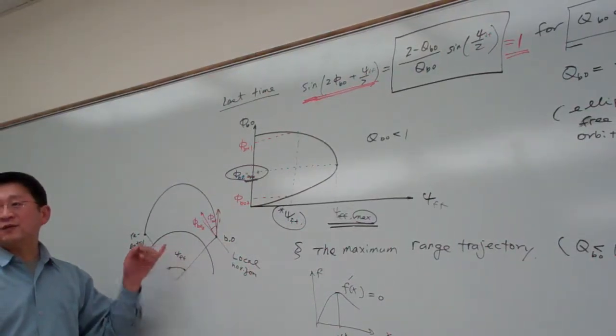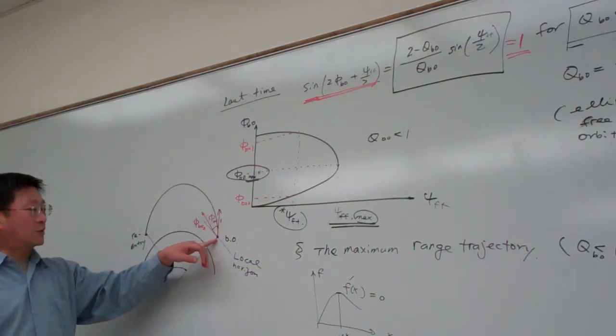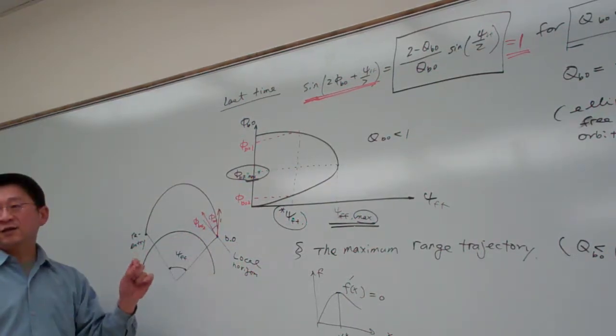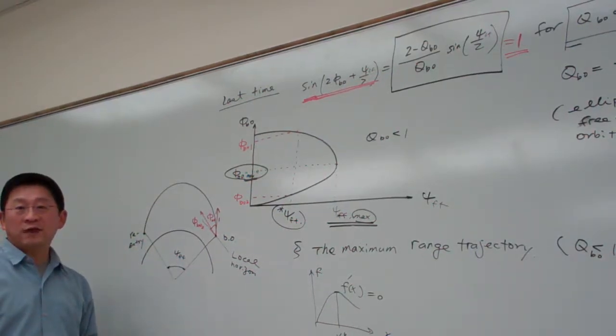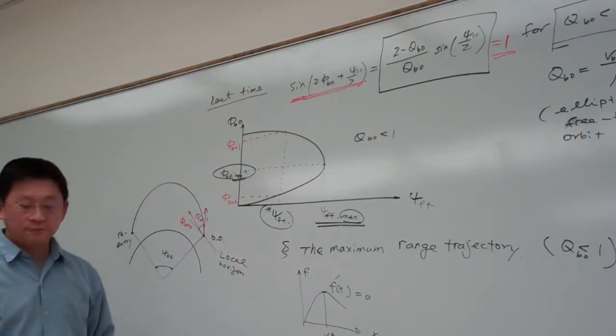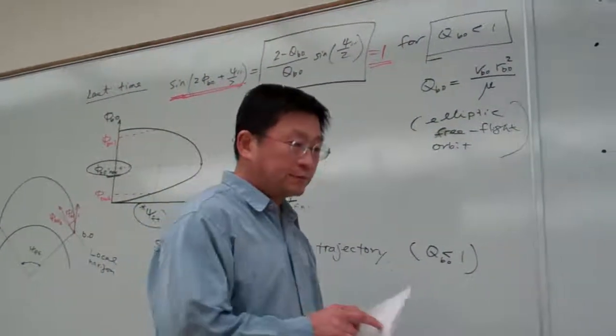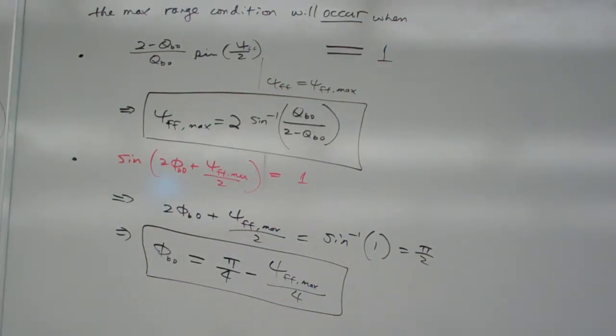That's the reason why I said that at the burnout positions, R and V are the key parameters for us to tell the maximum range that missile can perform. You good? Okay, so I think that's it.